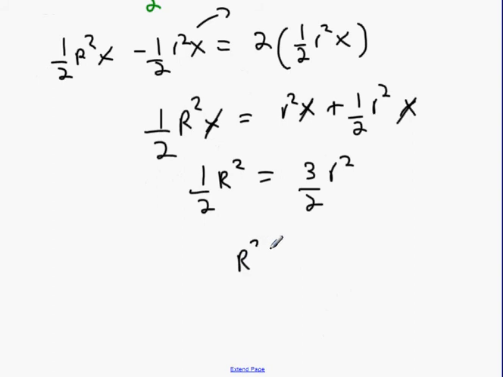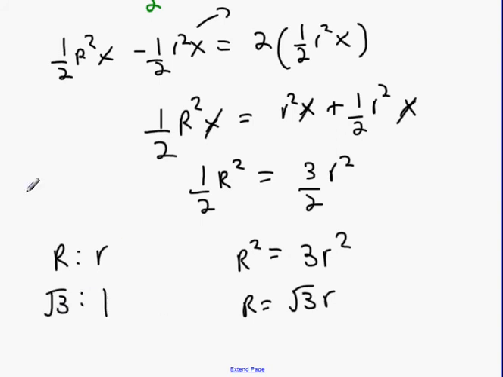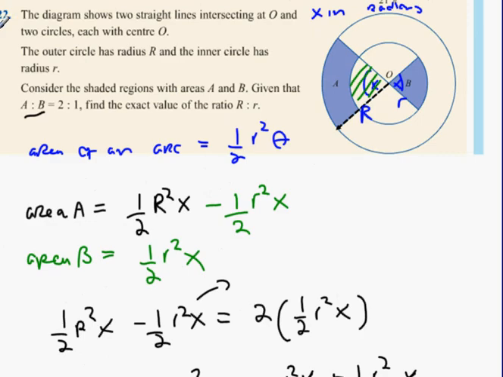R squared equals 3 small r squared, therefore R equals root 3 r. So the ratio of big R to small r is root 3 is to 1. Okay, let's move on.